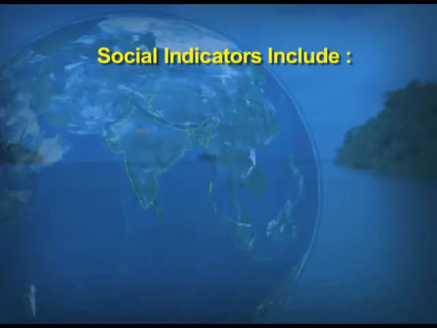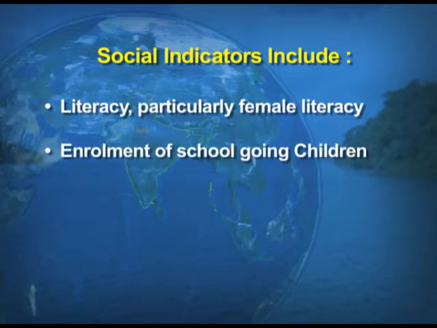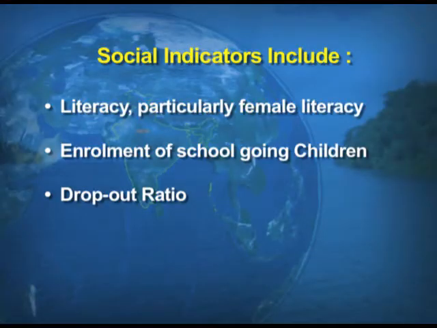Now, we take up the social indicators, and these indicators include literacy, particularly female literacy. Number 2, enrollment of school going children, because in our country we always discuss the dropouts.